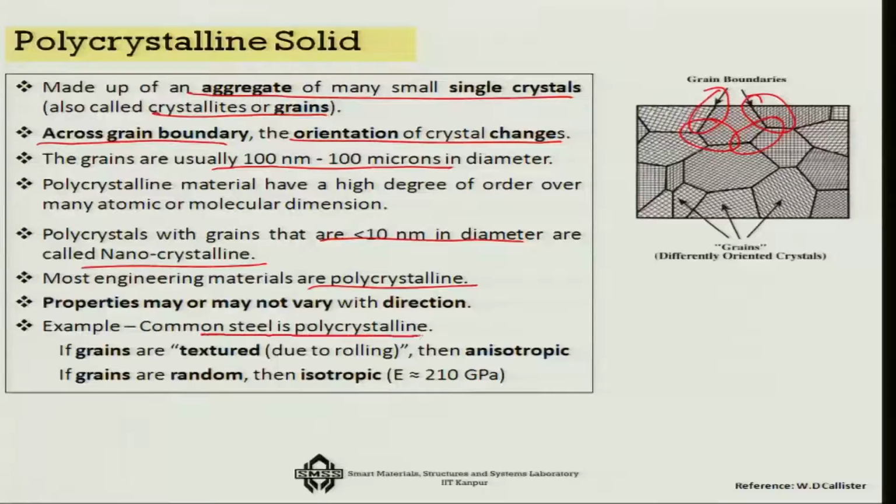As an example, common steel is polycrystalline, and if the grains of these polycrystalline materials are textured due to rolling, then it will become anisotropic. But if the grains are random, then it will be isotropic.